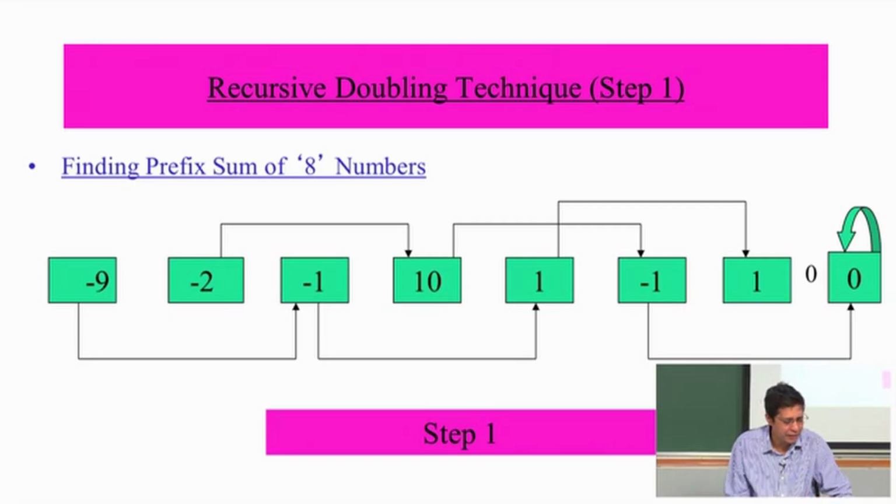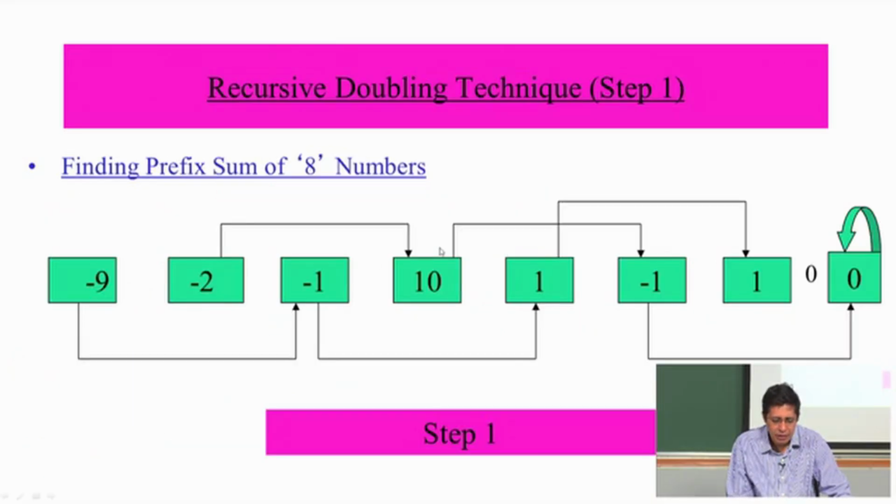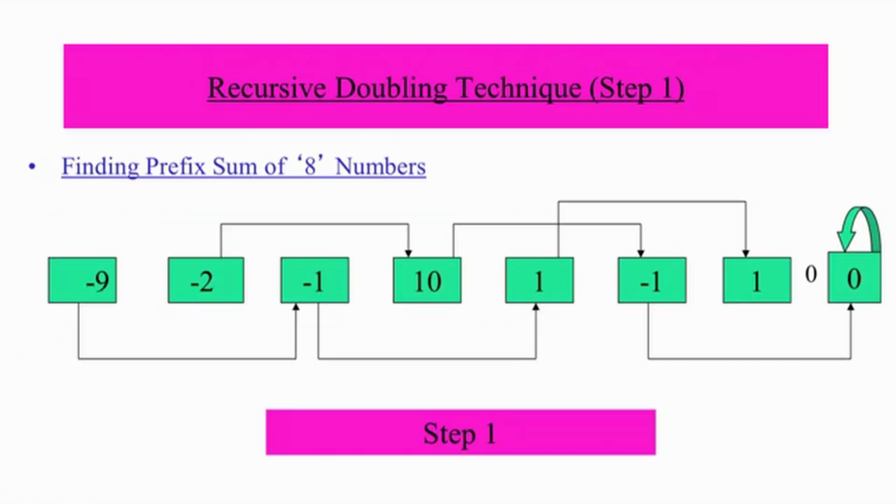After step 1, please understand that 7 has minus 9, 6 has minus 2, this has minus 1, 4 has 10, 3 has 1, and 2 has minus 1, and they are pointing. So what will be here?